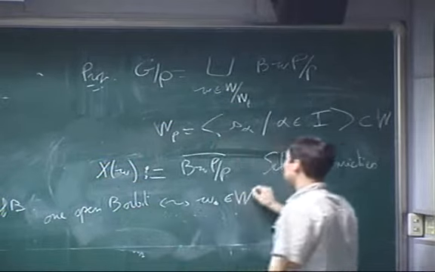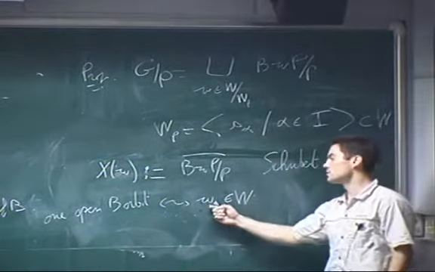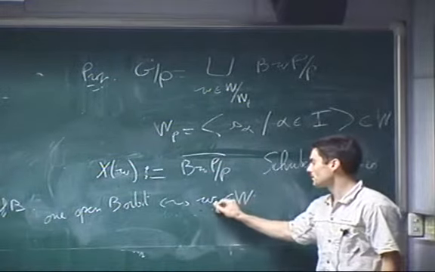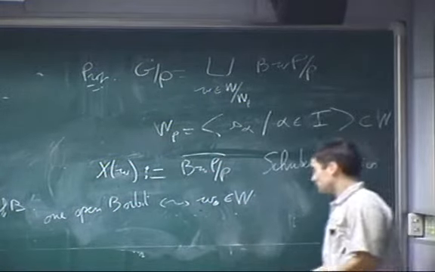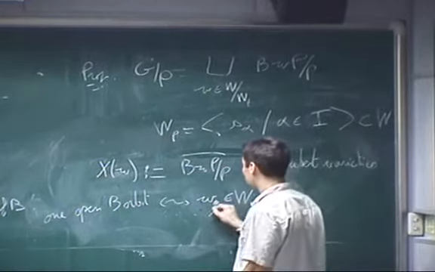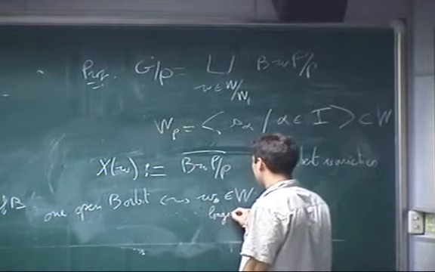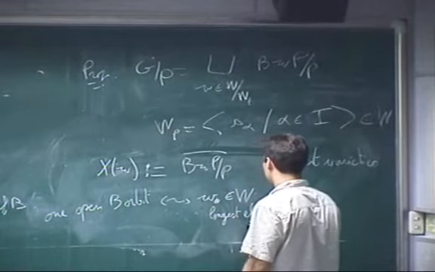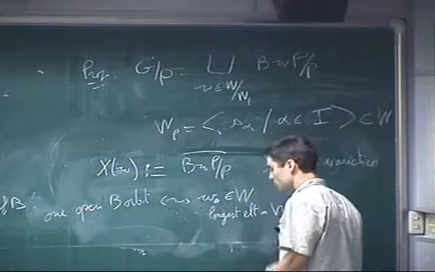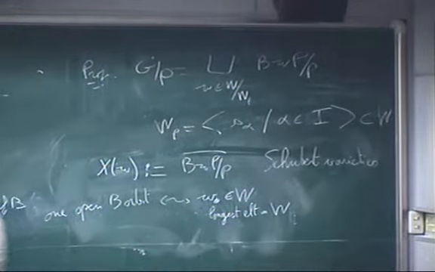a special element in W. We call it W0. So it's the longest element in W. So why do we call it the longest element?